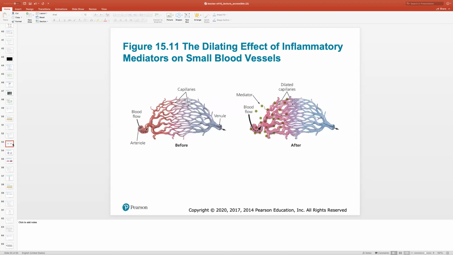So here we've got what normal capillaries look like. And here we have an example of what happens when the capillaries expand and allow a lot more blood to get to the affected site, and a lot more liquid also. So you can see the dilated capillaries.